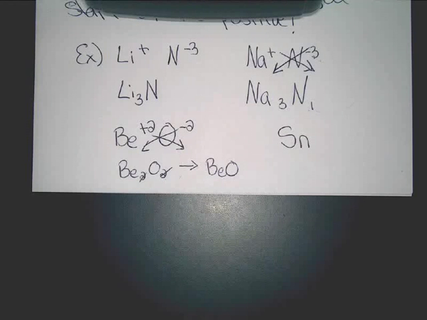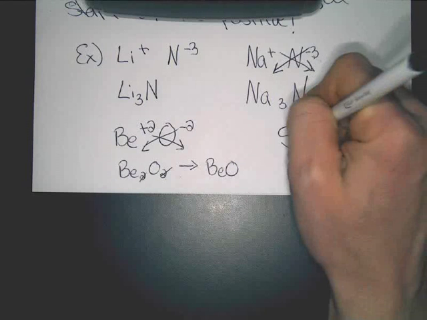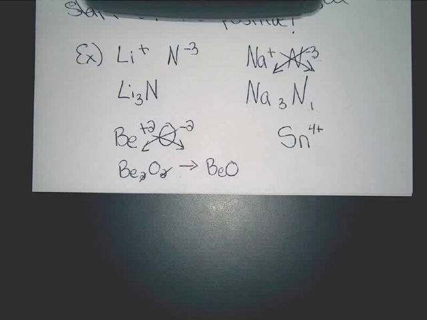Now, really quick. It is tin. Ladies and gentlemen, what we know about tin is that it's a transition metal. And tin doesn't always have the same charge every time. So sometimes it has a charge of 2, sometimes it has a charge of 4. I want to show you the one that has a charge of 4. So it's a +4. Okay?